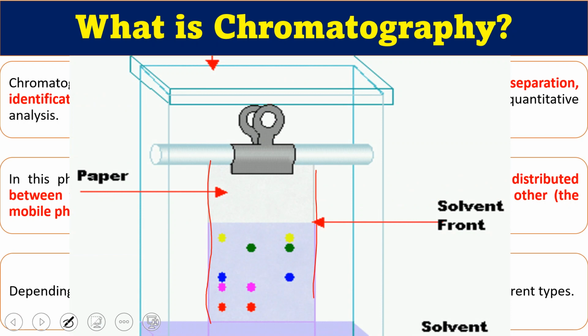Through capillary action, this solvent moves up onto the stationary phase, and along with it the different compounds in the mixture are separated, because their mobilities are different. This is the common picture for chromatography.